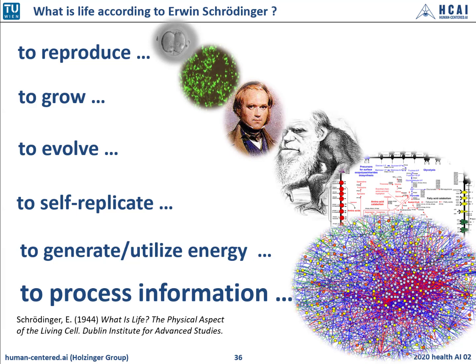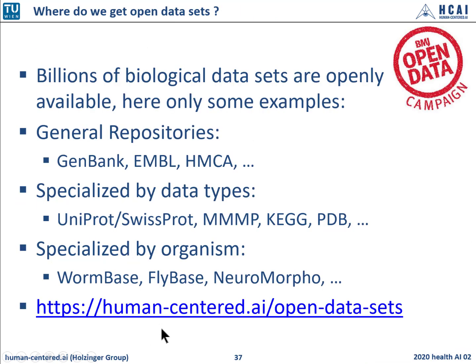This is really very interesting and very awesome, and goes back to Erwin Schrödinger in 1944, What is Life? So just so that you have a pointer to some open data sets: there are billions of biological data sets openly available.